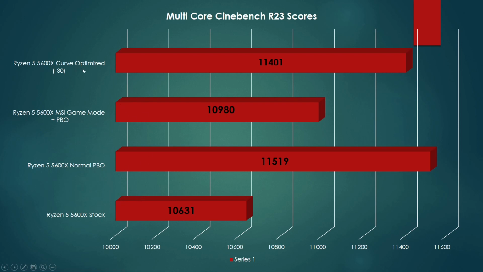And at last, the curve optimized one, where I have applied minus 30 as the offset. Here you can see from stock to PBO there is a drastic increase of around 1000 points. But from normal PBO to curve optimized PBO there is a little bit of decrease of around 100 points, but it is almost equal.